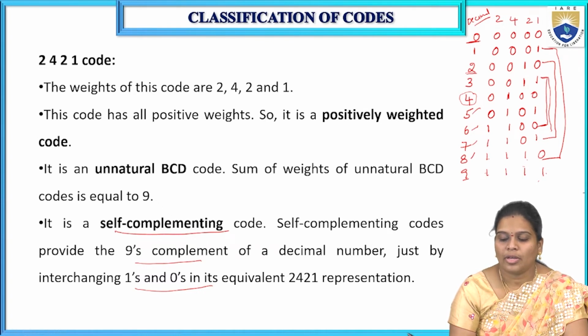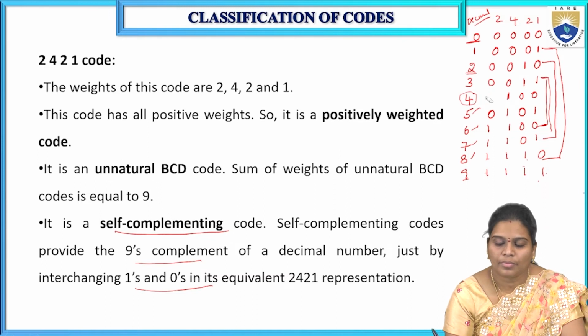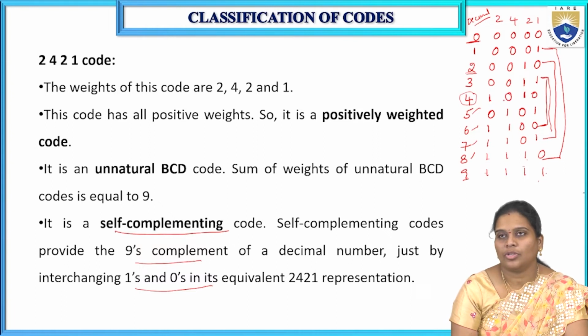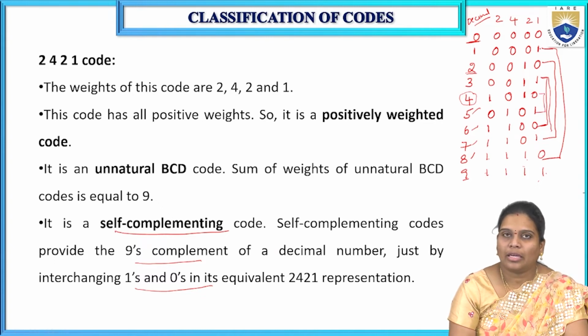So next one, 4 and 5. Either we can take it like this. So 1 will change to 0, 0 will change to 1, 1 to 0, 0 to 1. So observing this, in the 2421 code each and every decimal value we can write in two ways.